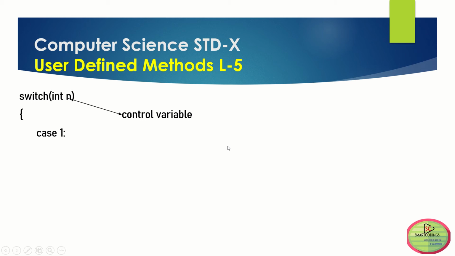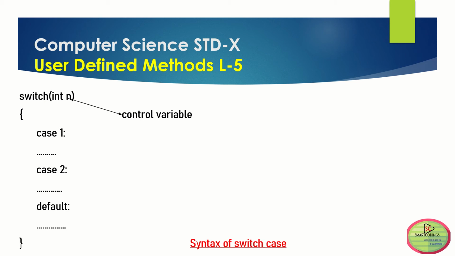Under the switch block, there are multiple cases: case 1, case 2, and like this there will be case 3 also. If none of the cases matches the user choice, the default case will be executed. This is the basic syntax and fundamentals of switch case. I have shown you this slide to make students aware of the syntax of switch case.